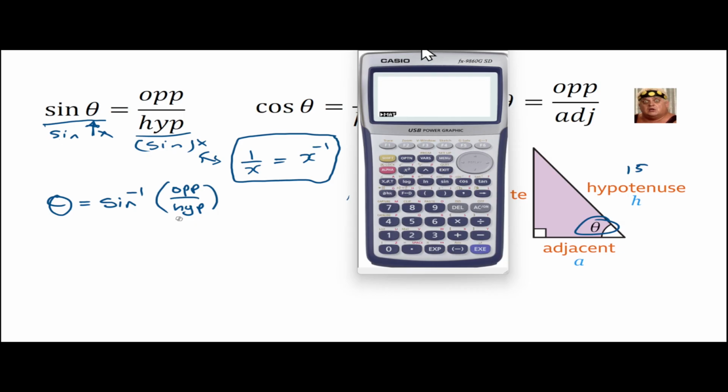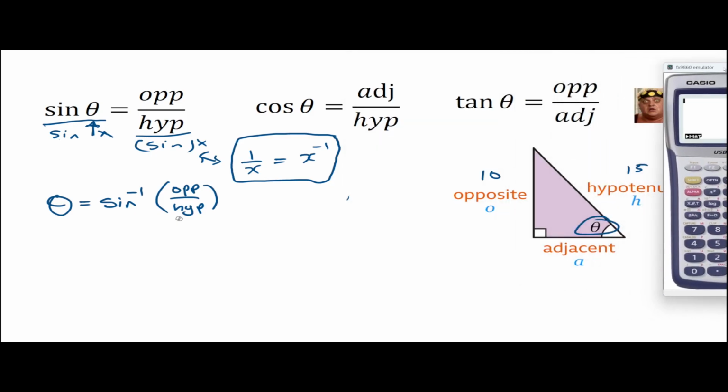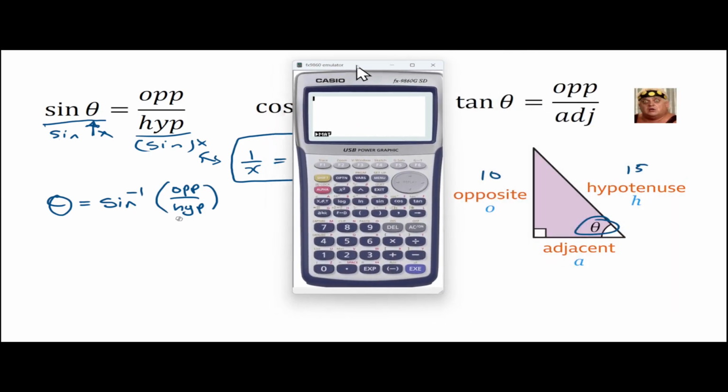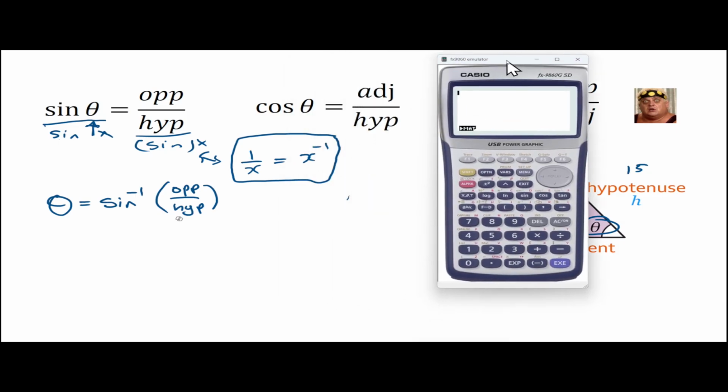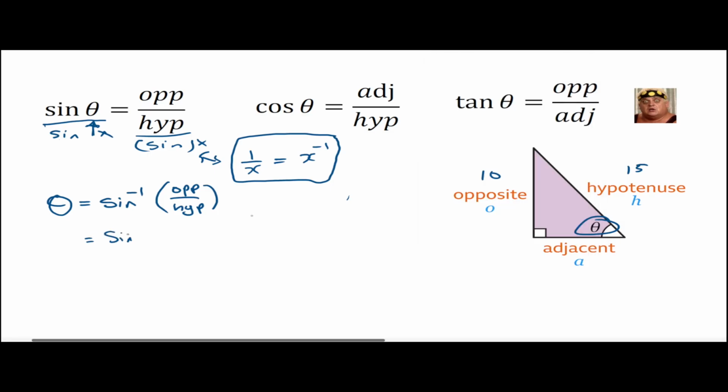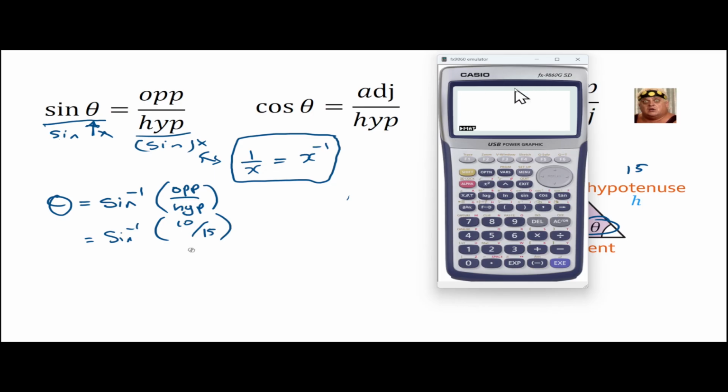Okay, let's find this one then. We're told that the opposite is 10, the hypotenuse is 15. We're going to use sine. So theta is going to be equal to sine -1 of 10 divided by 15. Let's put it in. Sine -1.